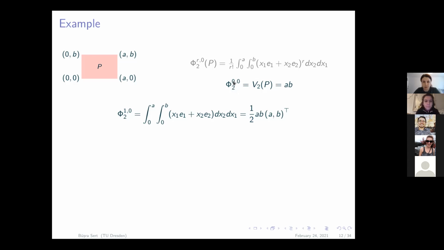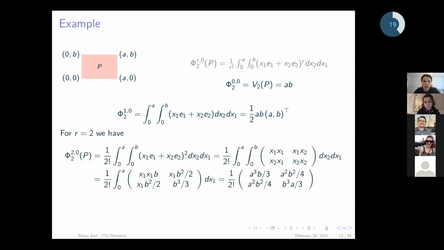So for example, for r equals 0, it will be the volume of the polytope, it will be A times B. When r equals 1, then we have a rank 1 tensor here, and we will obtain this. When r equals 2, we will have this tensor, and we integrate component-wise. So for each tensor entry, we integrate component-wise, and we obtain it like that.